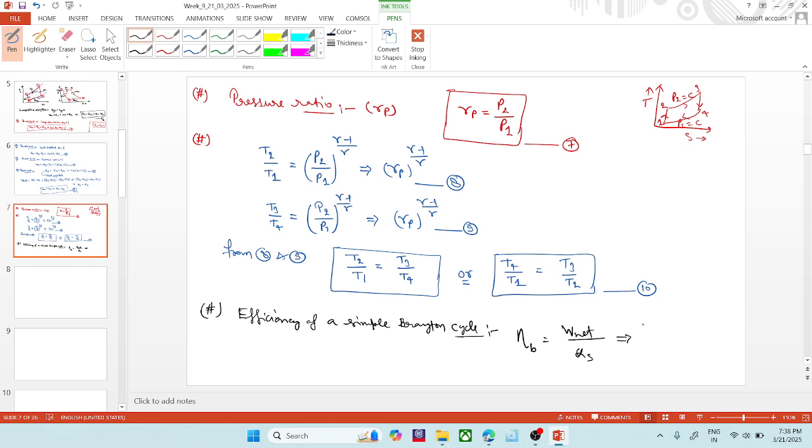The W net would be WT minus WC, divided by heat supplied QS. From equation number 1, we have seen that WT minus WC would be QS minus QR.